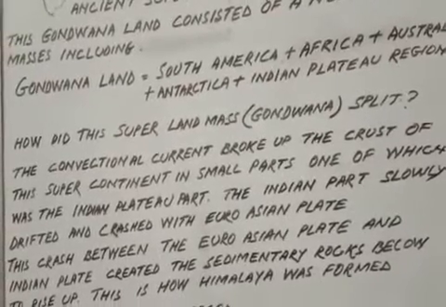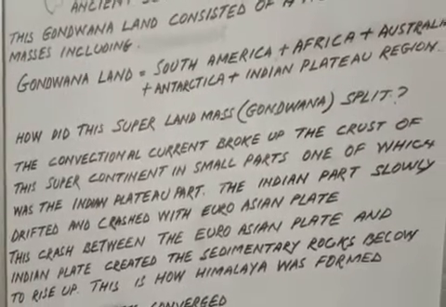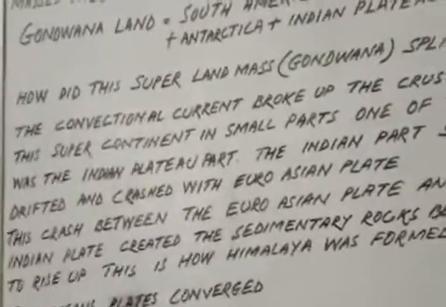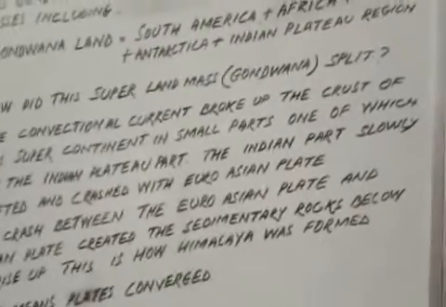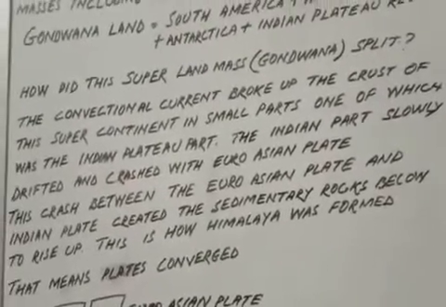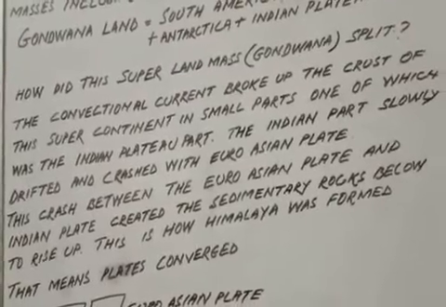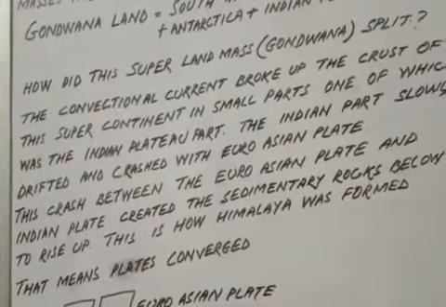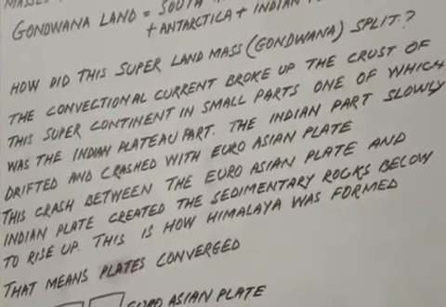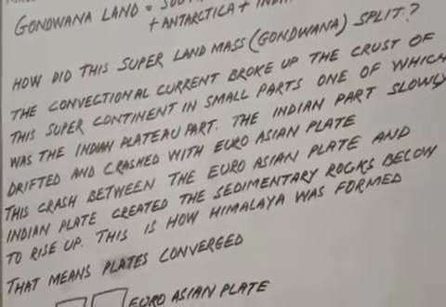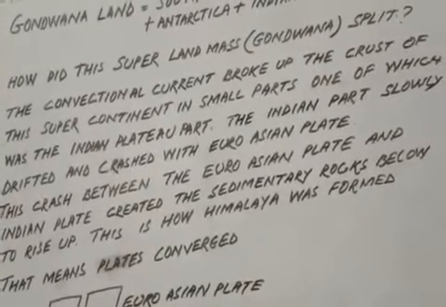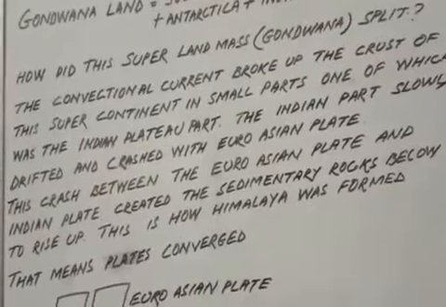You know that there's a pull within the earth, the north pole and the south pole, and due to the pull of these poles, this landmass broke into smaller pieces, and one of the parts was the Indian Plateau.